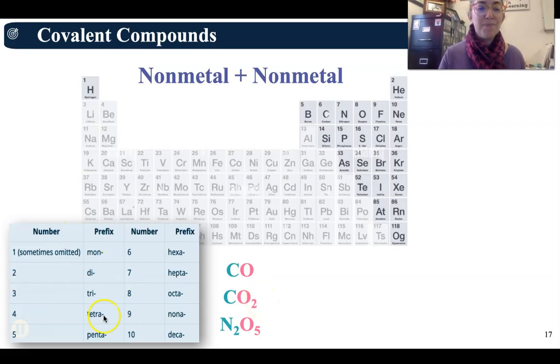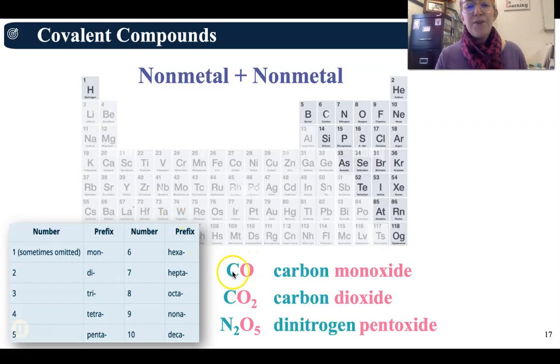So we use these Greek prefixes, I believe. So this would be carbon monoxide, mono for 1, carbon dioxide, di for 2, and this would be dinitrogen pentoxide, 2 nitrogens, 5 oxygens. So the name really tells you what the subscripts are. The one exception is we don't use mono on the first atom.